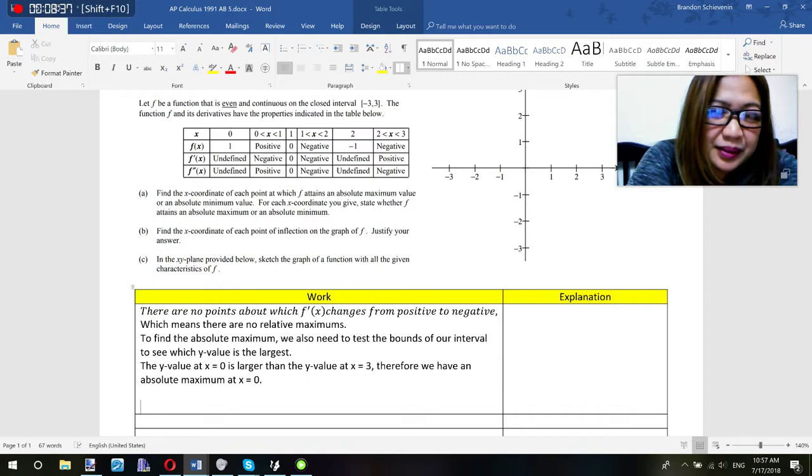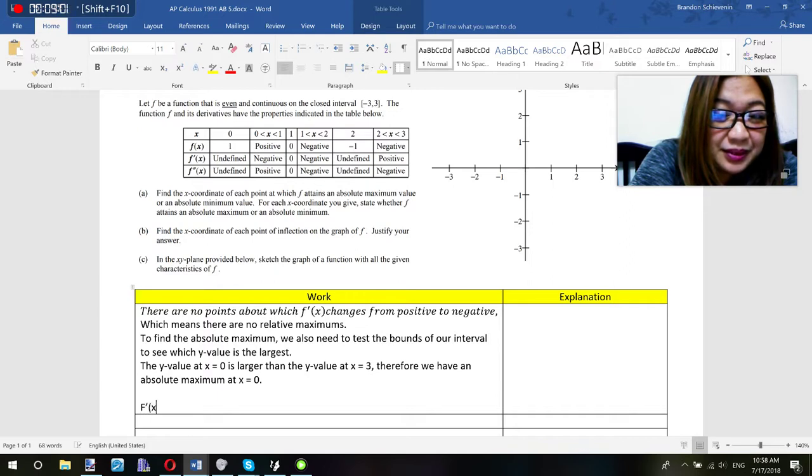So then we also need to look for absolute minimum. To find the absolute minimum, our slope needs to change from what to what about that point? From positive to negative would mean we're changing from increasing to decreasing, so that would tell me a relative maximum. If I want a relative minimum, what needs to happen? From negative to positive.